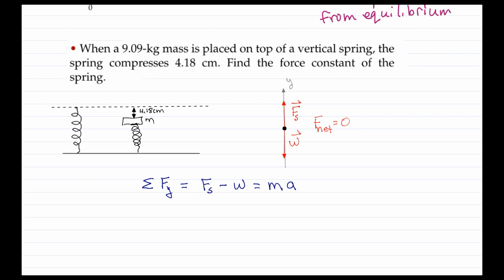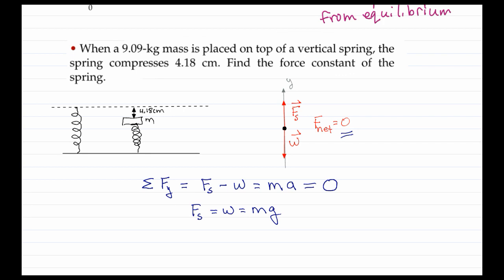But our net force is 0, so our acceleration is 0, and this equation is equal to 0. So we can solve for the spring force. The spring force is equal to the weight, which is just the mass times the acceleration due to gravity.